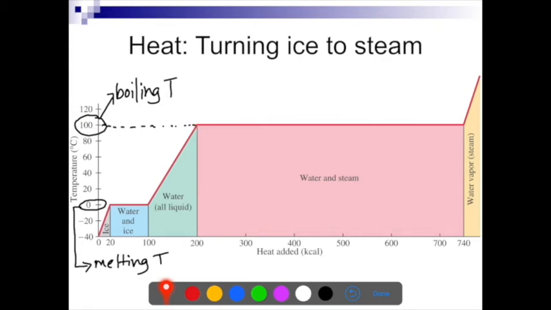And so while your water is boiling, you have two phases that exist. You have the liquid water, and because your water is boiling, you have steam, the gaseous phase of water. And notice again, as you add heat to boiling water, the temperature of boiling water stays constant at 100 degrees Celsius.